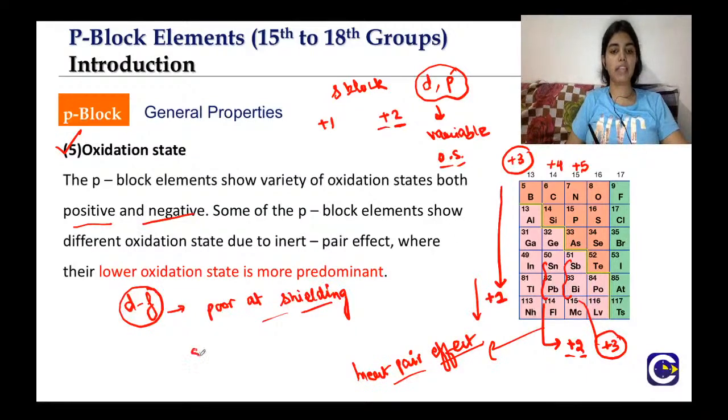Those s electrons are not ready to come out of the atom. The s orbital has how many electrons? 2 electrons. So these 2 electrons are not ready to leave the atom as we move down the group, and only the oxidation state 2 units less than the common oxidation state is shown in the heavier members.